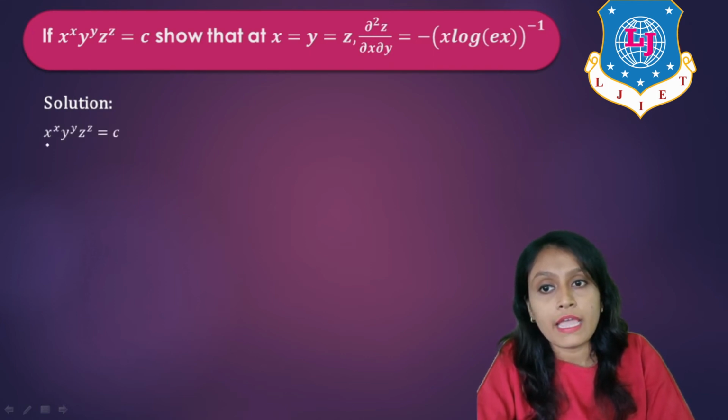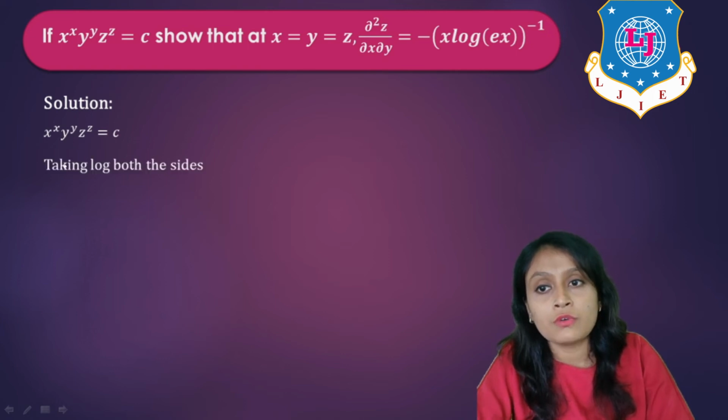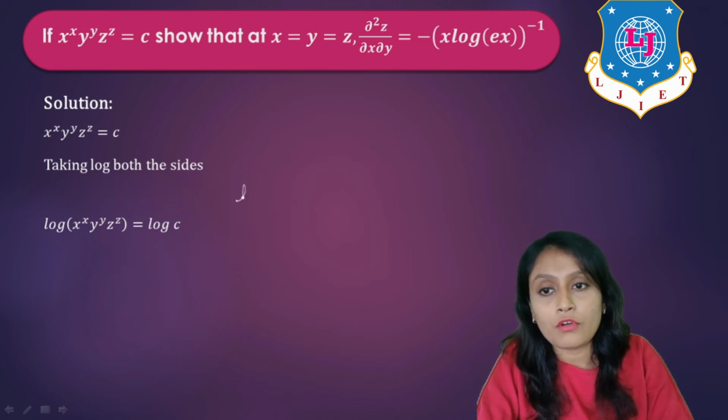First we have x raised to x, y raised to y, z raised to z is equal to c. So we will apply log on both the sides. So taking log on both the side, here you will get log x raised to x, y raised to y, z raised to z is equal to log c. Now we will apply the log formula, that is log of ABC is equal to what?